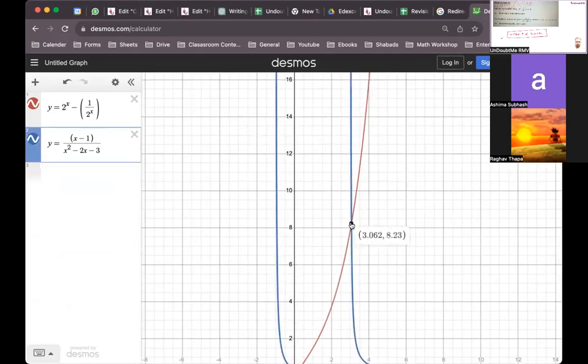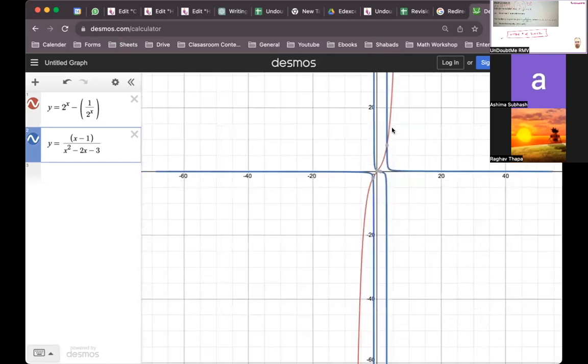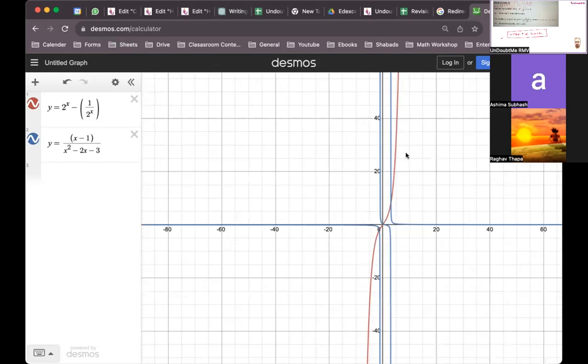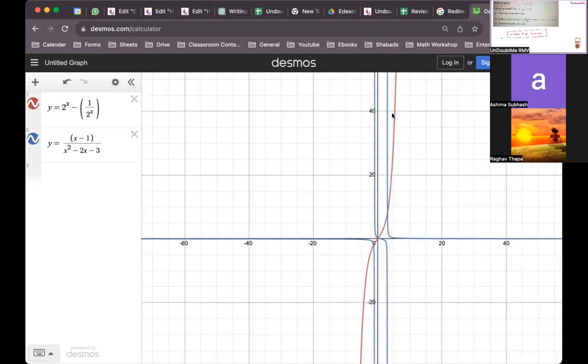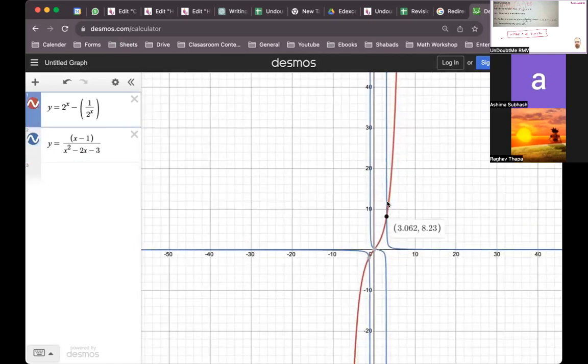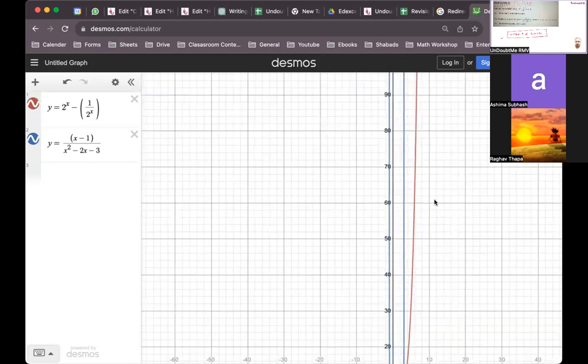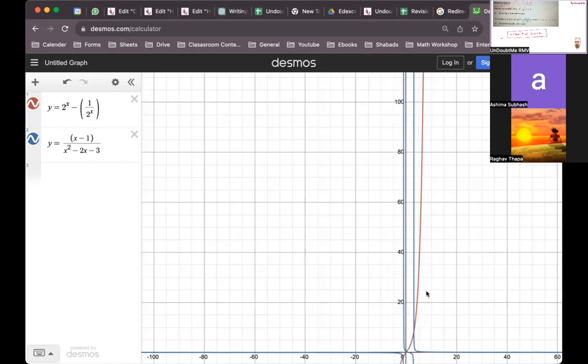Raghav, about the points after 3.062, we cannot conclusively say which is above what. These two lines are almost going together. From the graph only, it can be observed that after a certain period, they are almost becoming equal.